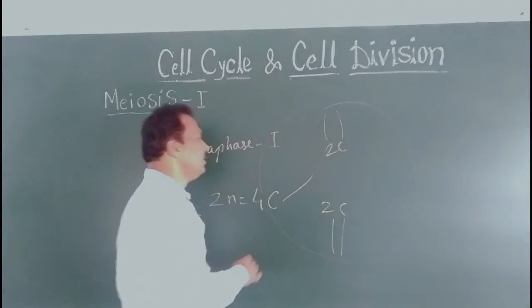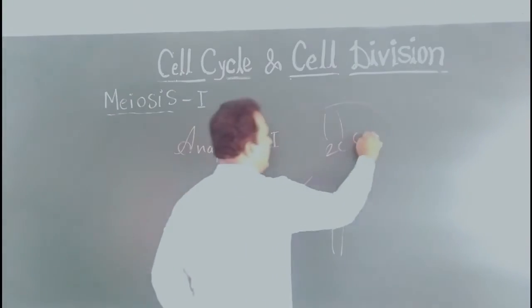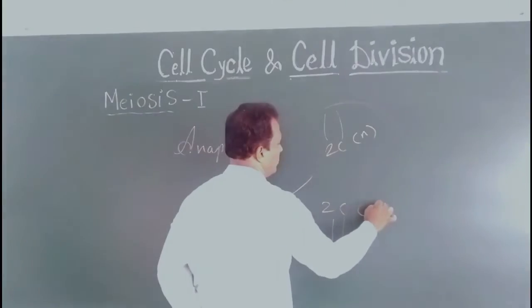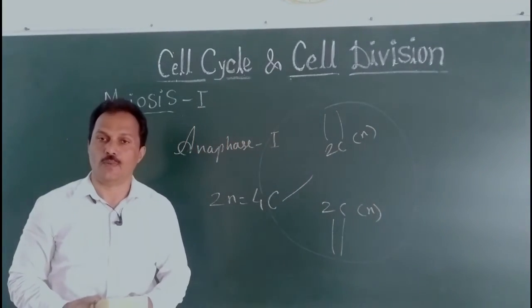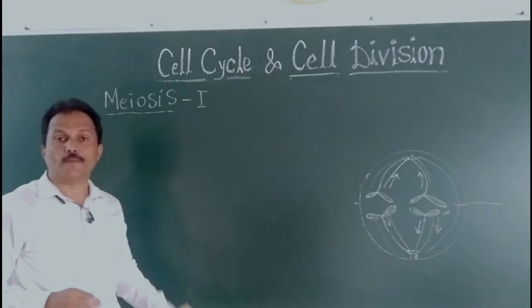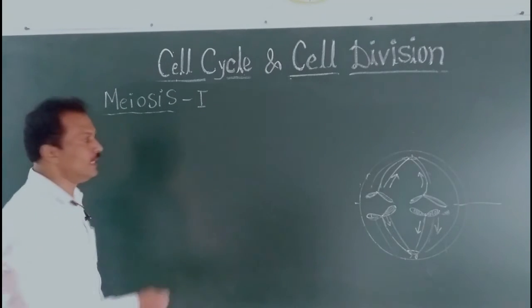So here, one n chromosome and another n chromosome are split in anaphase 1.